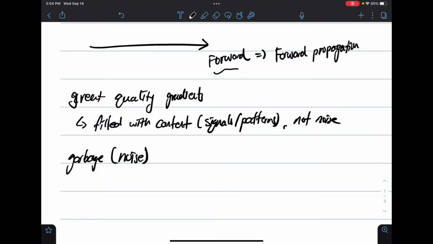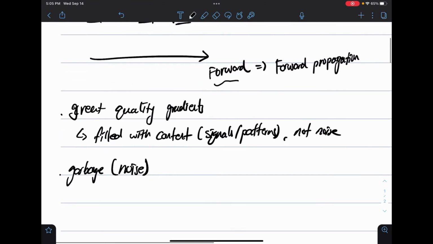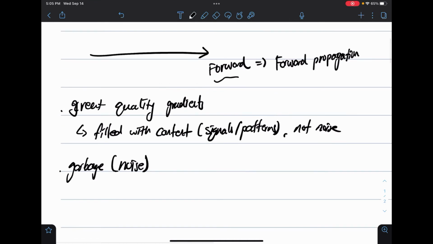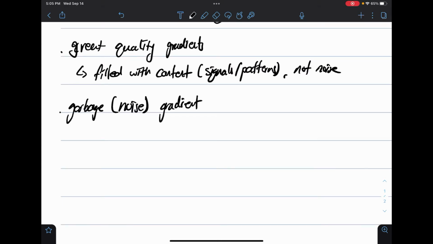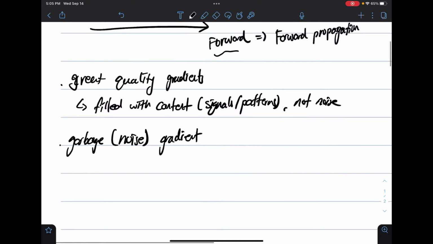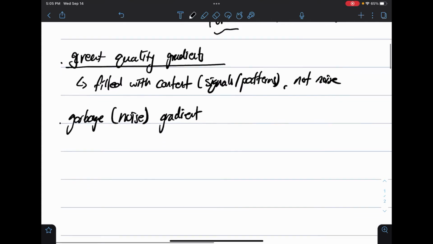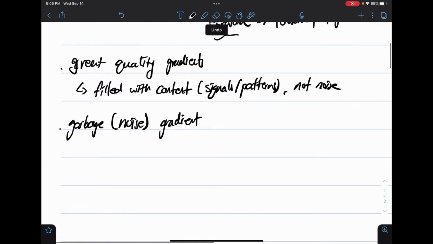That is the difference between a great quality gradient and a garbage gradient. That is what we're going to focus on. So let's focus on how we get great quality gradients, because that's what matters.